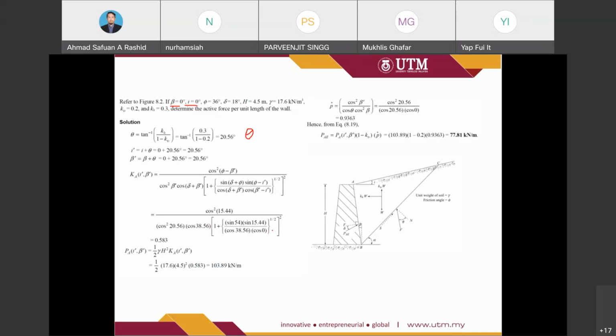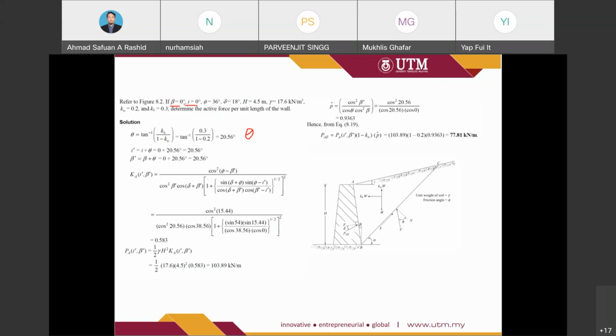For example, if we want to use the table, we need to look at table 8.2 or 8.3. In this case, beta is equal to 0, I is equal to 0.